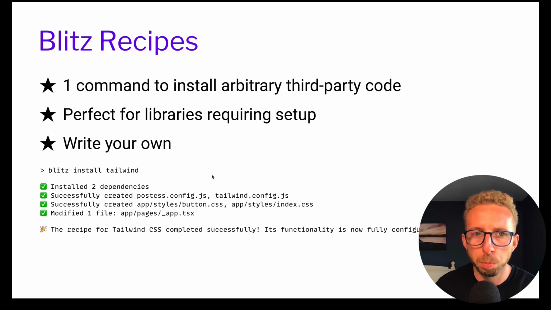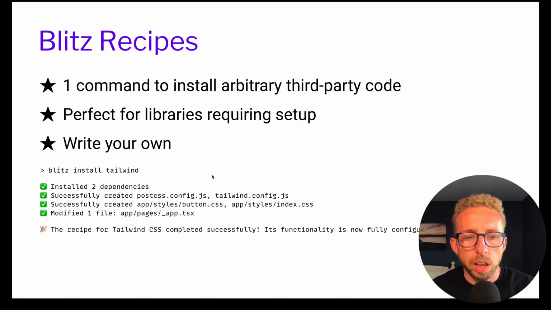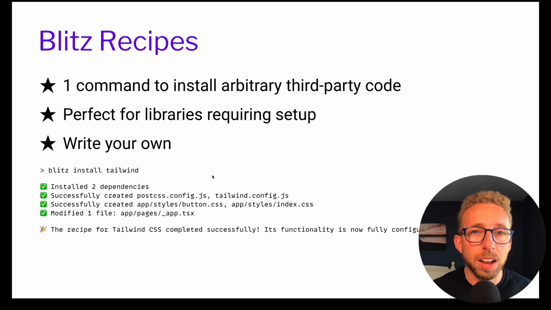Something else we have is Blitz recipes. And so how many of you enjoy the process of installing and configuring third-party dependencies? Anyone? Not seeing any hands. Well, the good news is that with Blitz, you never have to do that ever again.